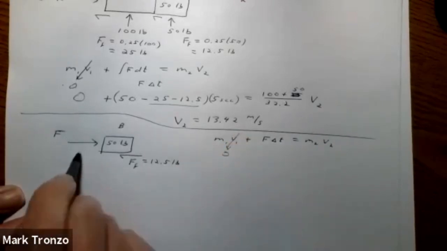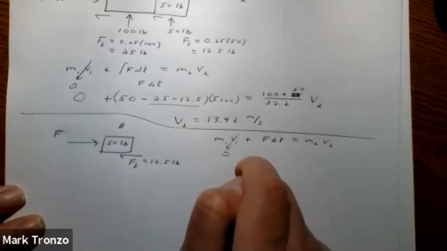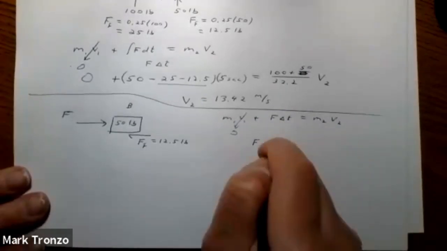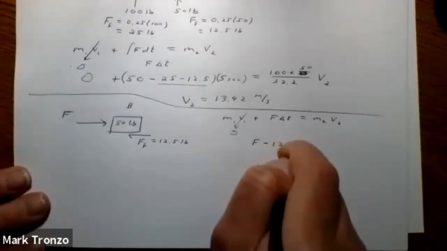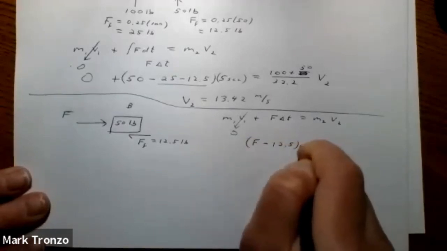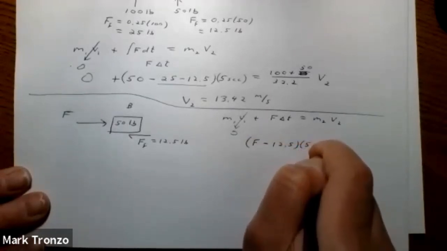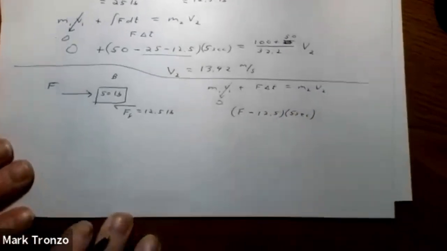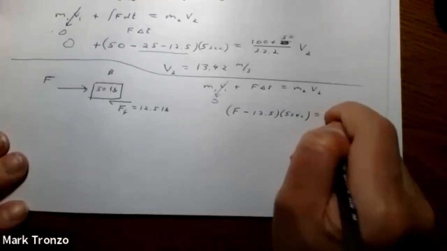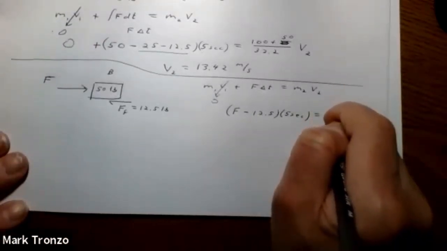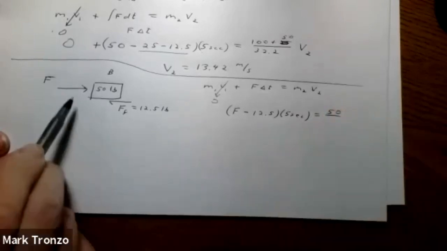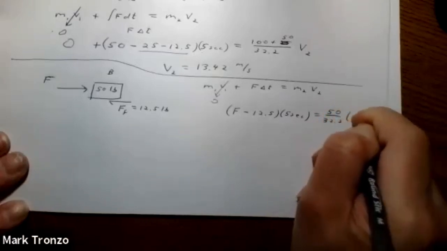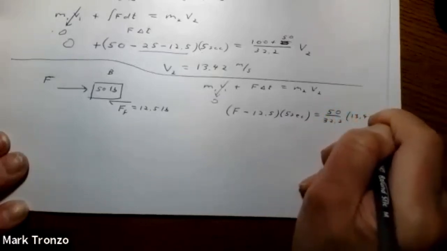And now for the forces, we're going to have this unknown force F pushing it forward, and then minus the 12.5, and it's all applied for 5 seconds. And just as before, the right-hand side is 50 pounds this time. Remember, we're just focusing on block B. We want to see what's happening to block B. So it's 50 pounds divided by 32.2, and we know that they're moving at 13.42.